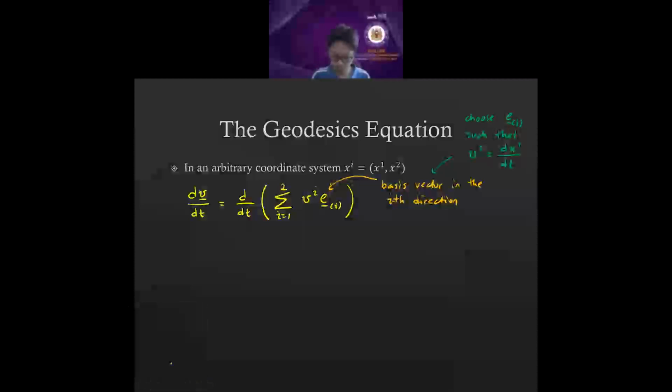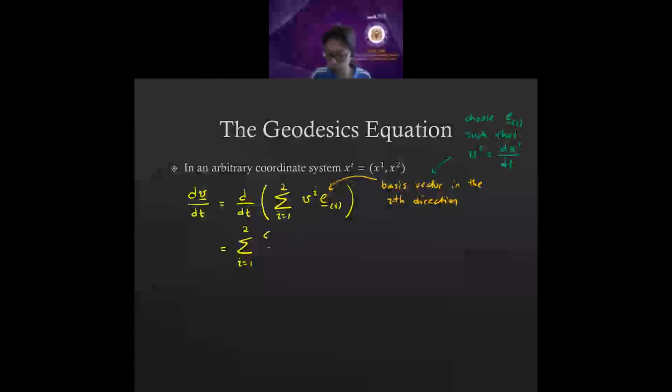Now with this, we can proceed to do the derivative. First, we take the summation outside. Then we apply the product rule to this product of v^i and e_i.